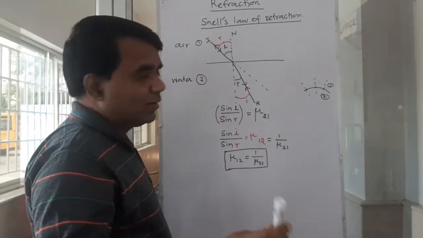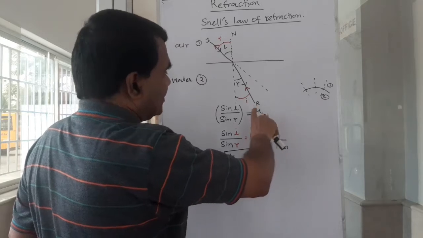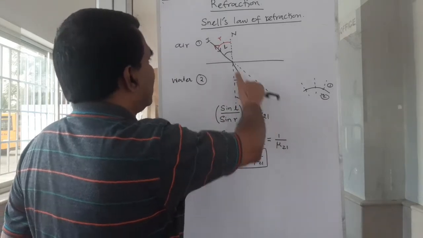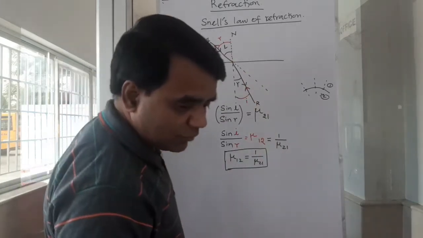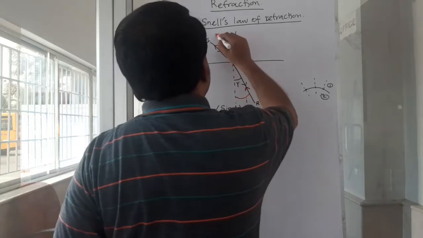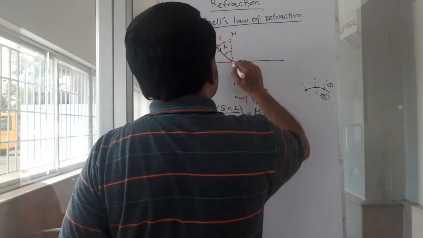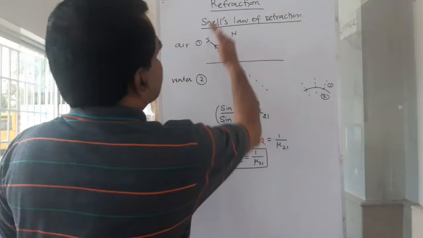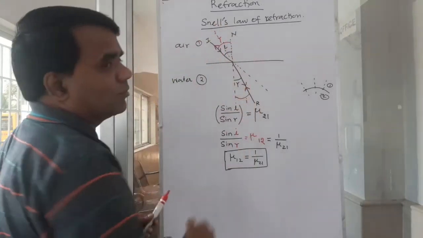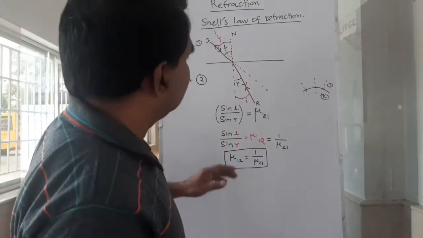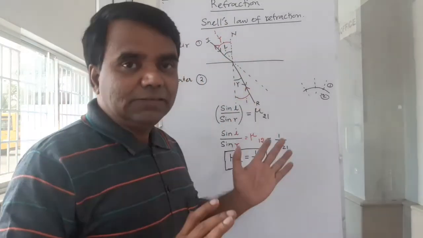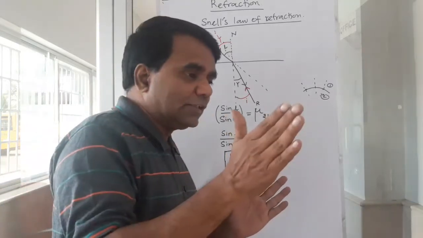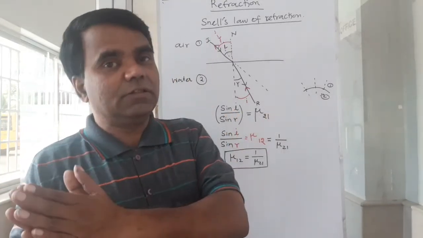Here, when you send the ray from water to air, instead of going straight, it bends away from the normal. So the bending can be either towards the normal or away from the normal.